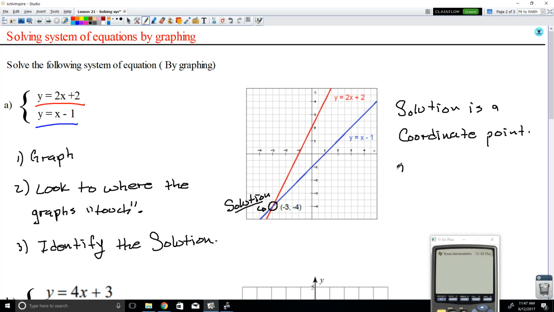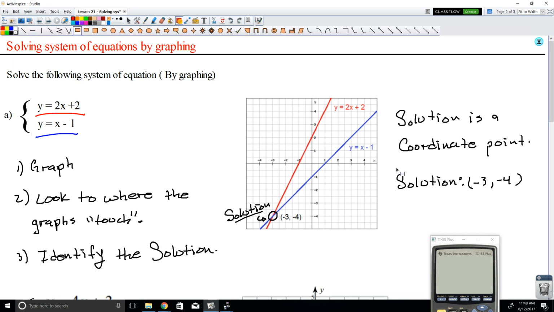In this case, our solution is the coordinate point where both graphs touch each other, which is -3, comma, -4. That is the coordinate point where both graphs touch each other.